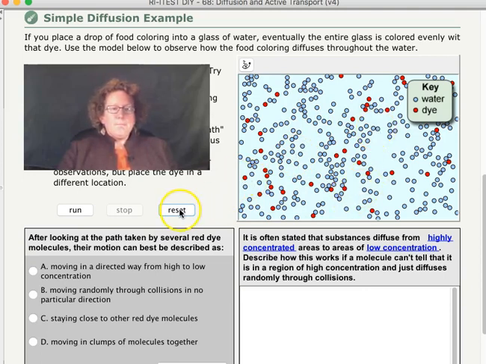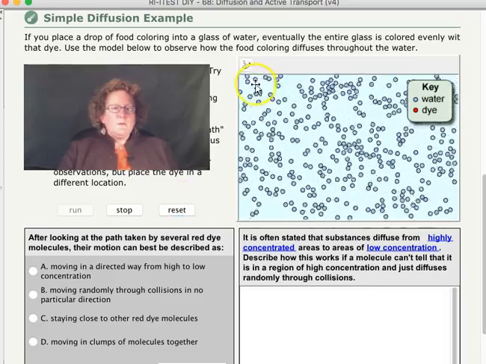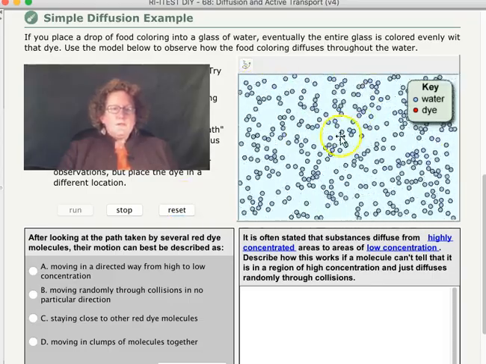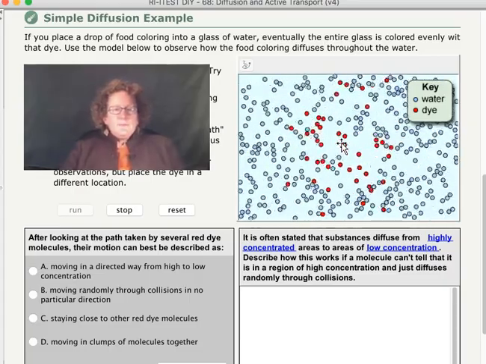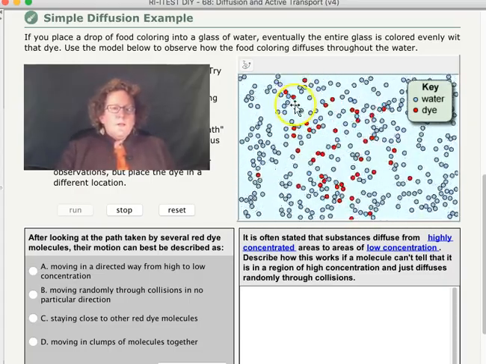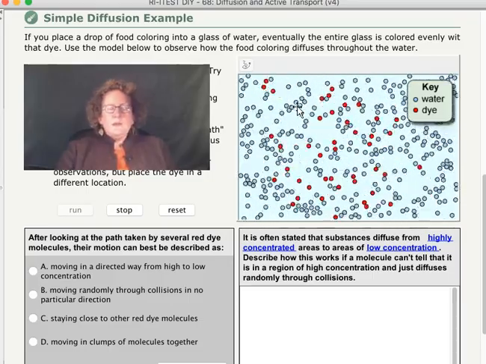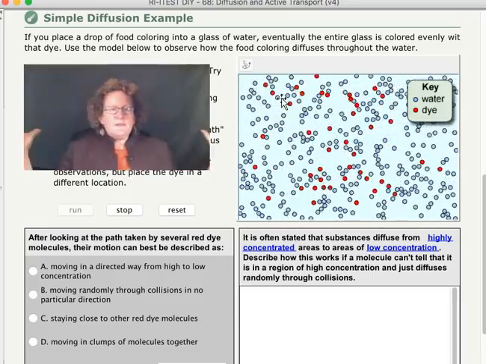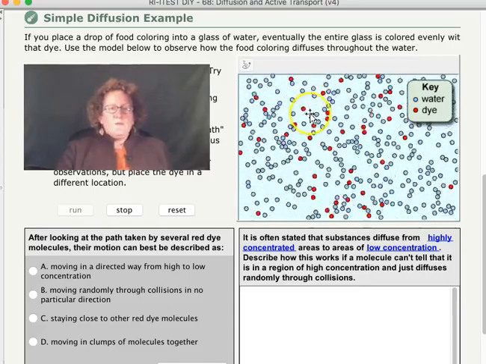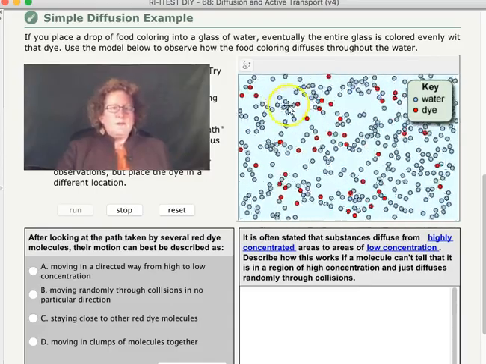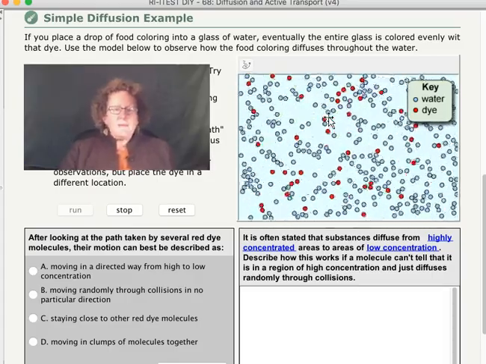So let's stop this model here, and you can see how diffuse or dispersed the dye molecules have become. Let's reset it and do it over again and just place a drop. Let's put it in the middle this time. And you can see if you watch just one dye molecule, it doesn't head for the sides of the container. It's just bumping into everything. And it goes back and forth and back and forth, maybe to the middle and maybe to the edge and then back again.